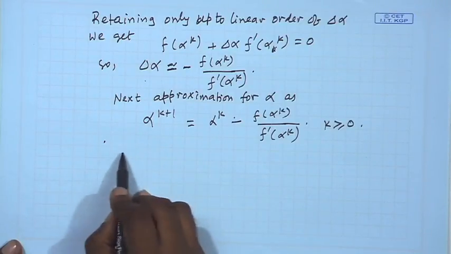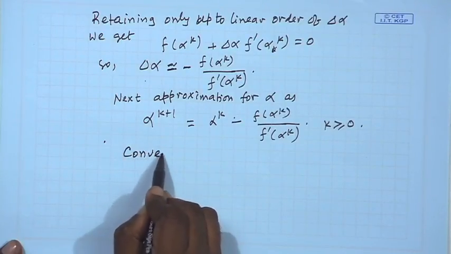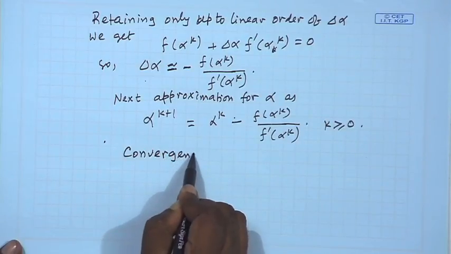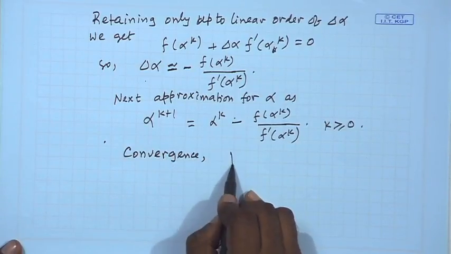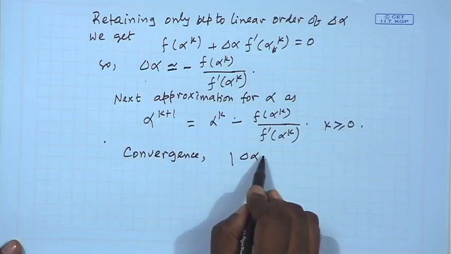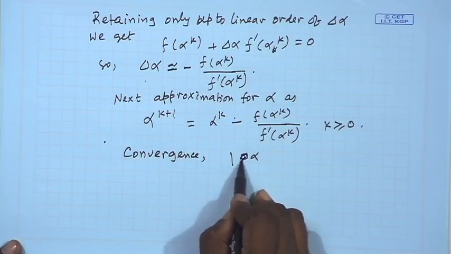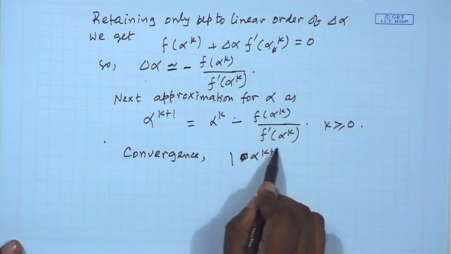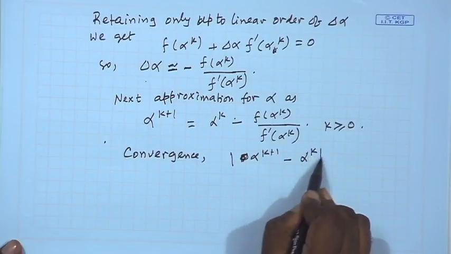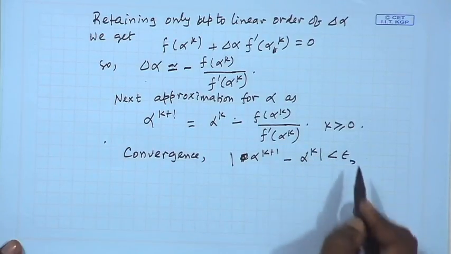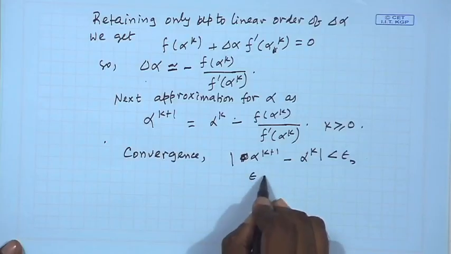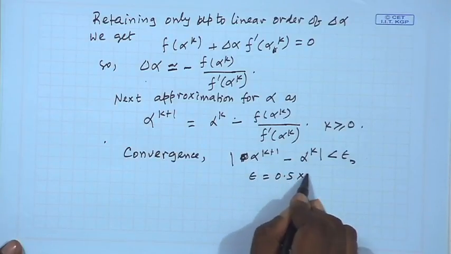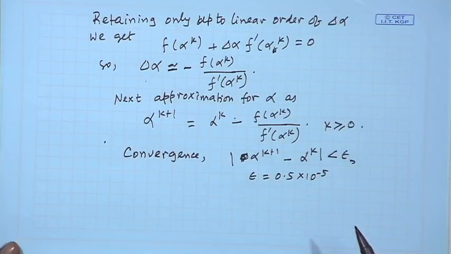So, this is the way subsequent iteration proceeds. For convergence of this iteration, we need that two successive iterated values should be very small, where epsilon is something like 0.5 into 10 to the power minus 5, a very small quantity.